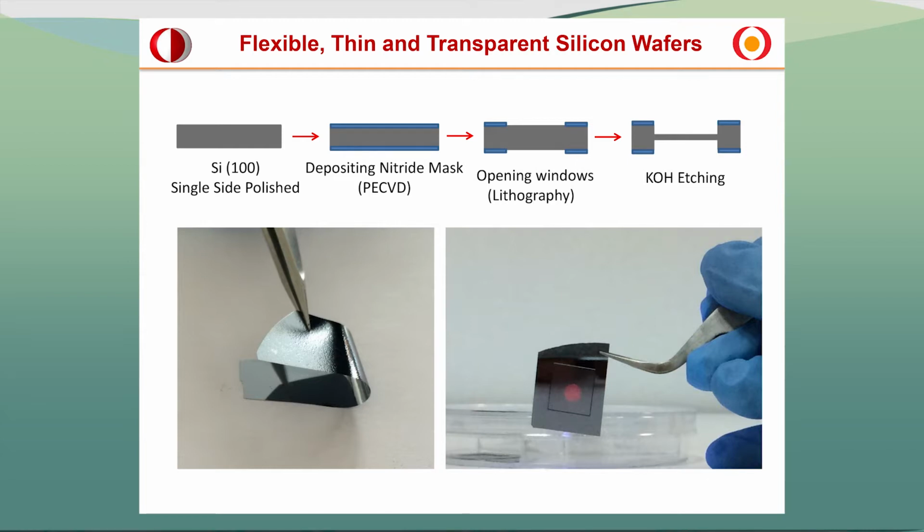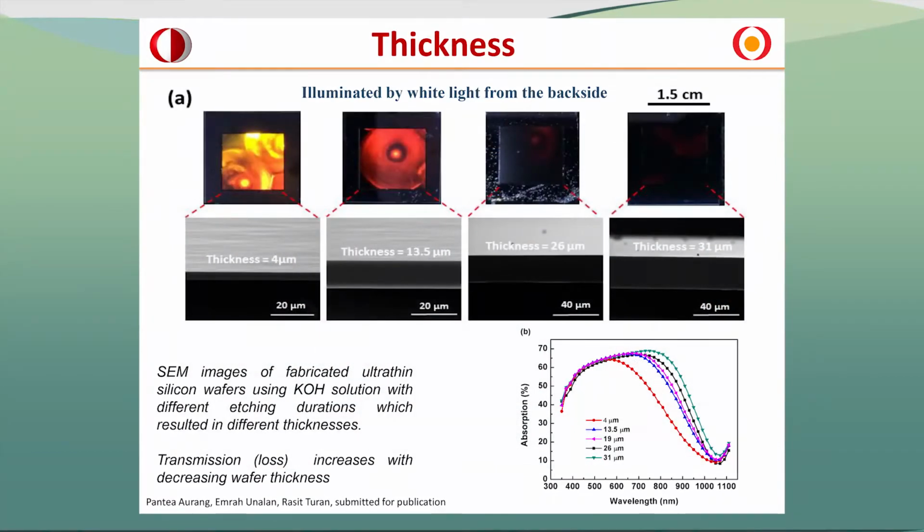So we used potassium hydroxide etching, applying a mask using a nitride layer. We obtain a very thin silicon membrane. Okay? So it's quite flexible, you see, and it becomes transparent to the light. Here you see the thickness of the silicon wafer ranging from 4 micrometer up to 30 micron.